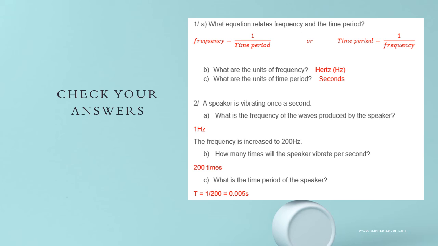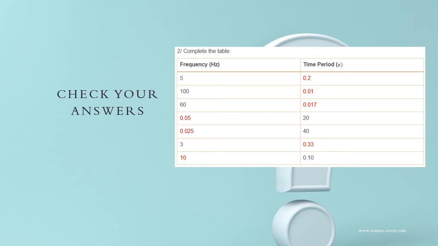So 1 divided by 200, which equals 0.005 seconds. Question 2. The missing values are 0.2 seconds, 0.01 seconds, 0.017 seconds, 0.05 Hz, 0.025 Hz, 0.33 seconds, and 10 Hz.